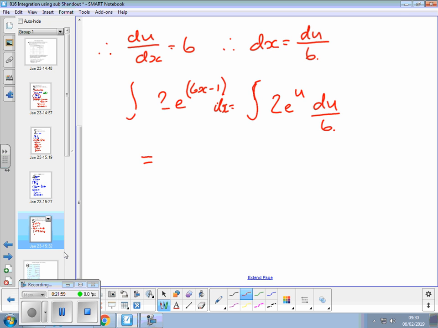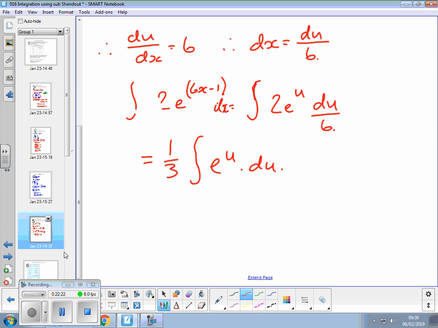Yeah, 1 over 6 and 2, so it becomes 2 over 6. How better could we write 2 over 6? 1/3 integral of e to the u du.